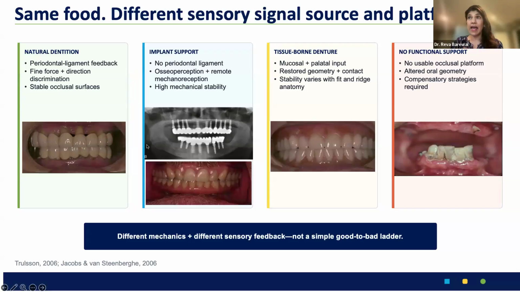In fact, it moves less than a natural tooth. It doesn't move at all. Zero movement. That means that, to be honest, the force that can be exerted by someone like this is incredibly high. But they have a different type of perception. It's not ligaments, right? It's called osseoperception.